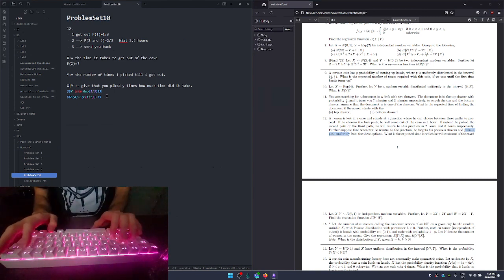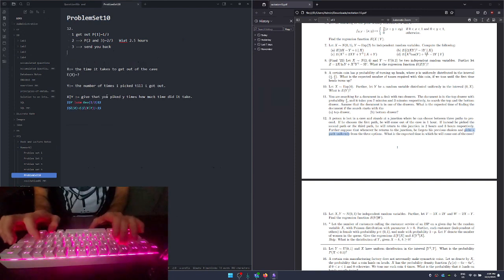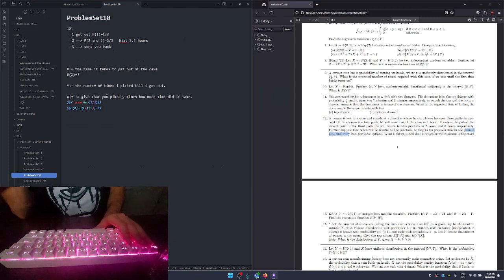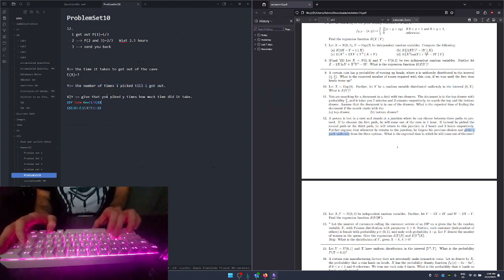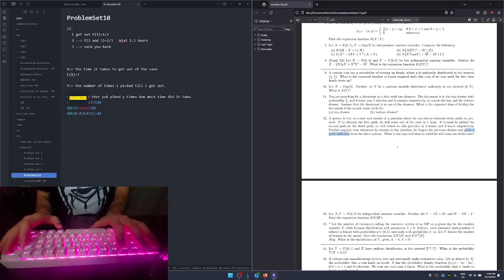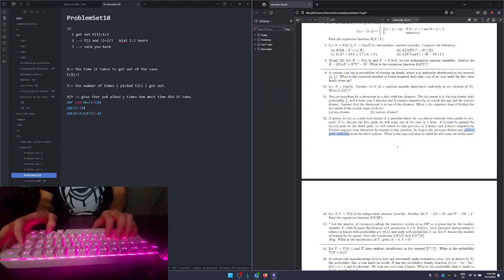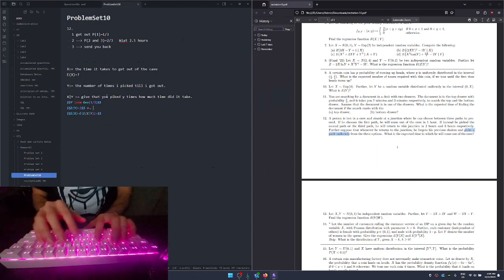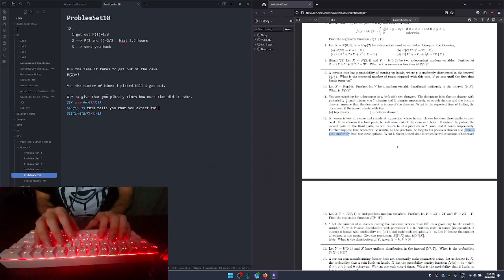Well, I know how to solve it directly. Because this is a geometric distribution, I know that the expected value of y is just 1 over the probability, so it's 1 over 1 over 3, which is 3. So you expect to pick 1 after 3 turns.